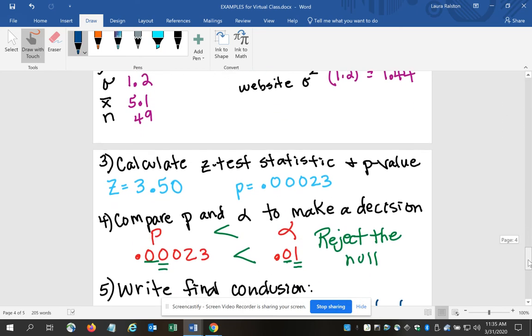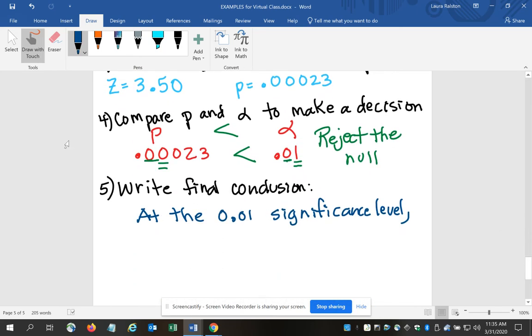So we want to say that, let's see, how did they have it worded?